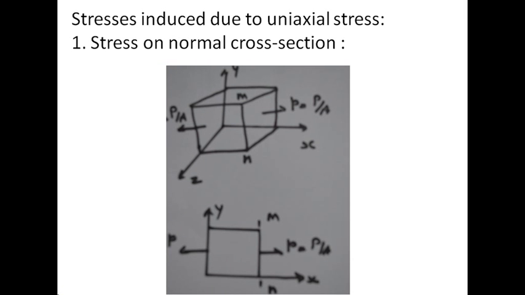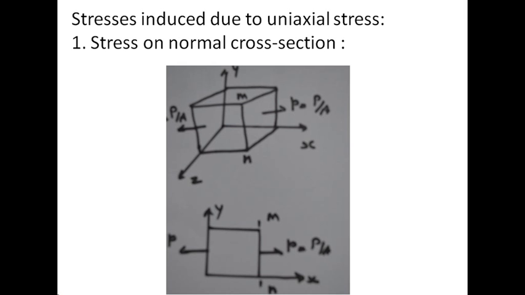We consider a cross section MN of bar AB, as given in figure A, which is subjected to a uniaxial tensile force P. You can see this in diagram A. Just assume the stress distribution is uniform over the entire cross-sectional area.